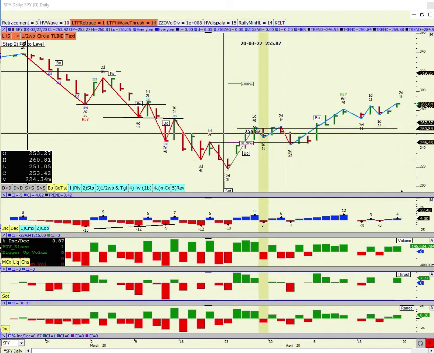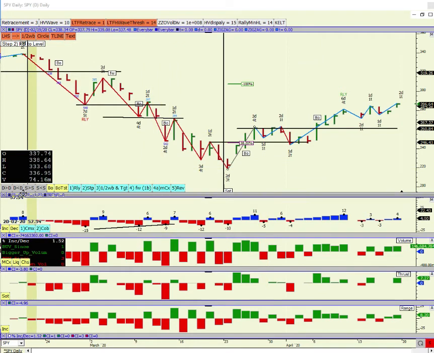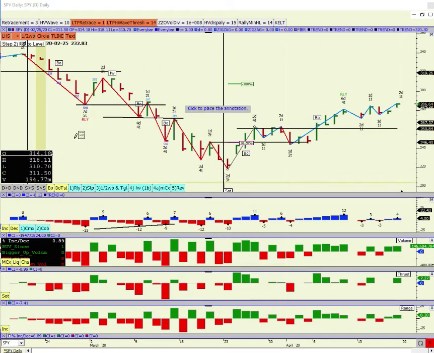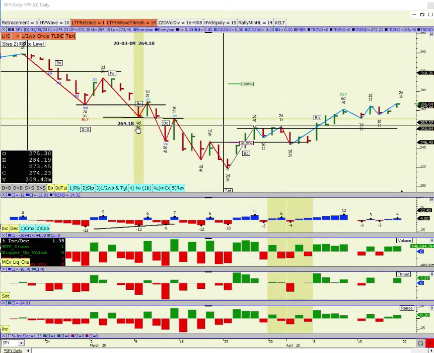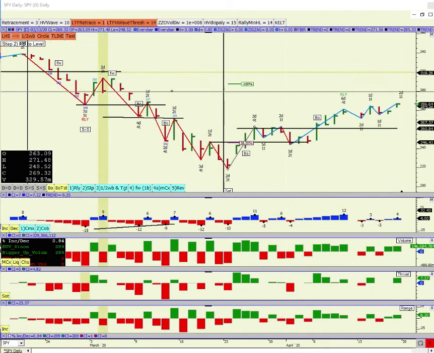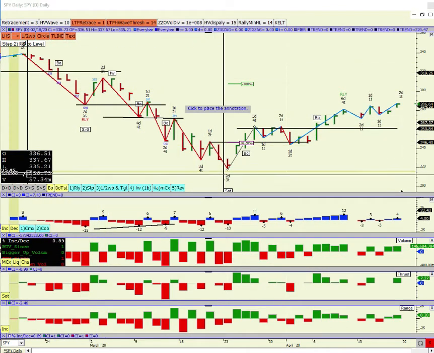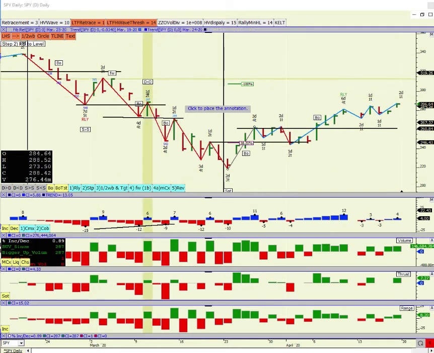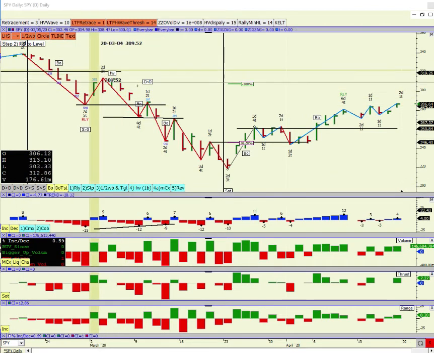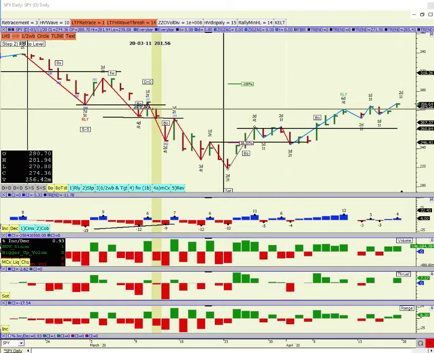From a wave perspective, you could say right here, supply is greater than prior supply, and all this demand is less, like right there. Here, demand is less than prior demand because less distance and duration, which means what? Less buying power and lasting power.